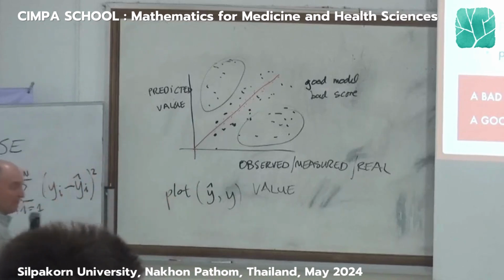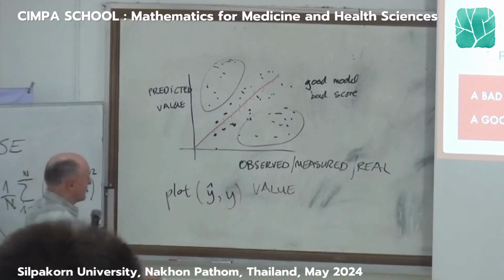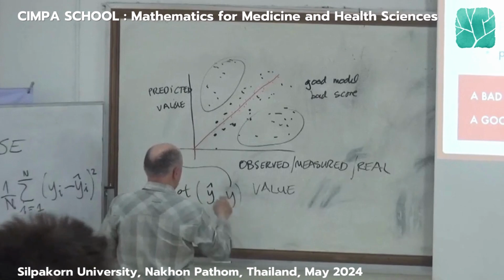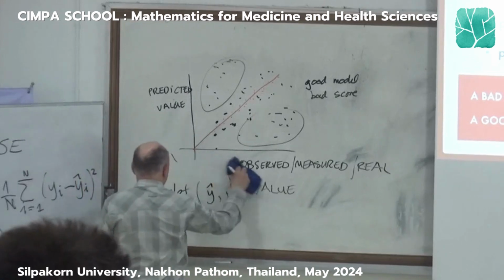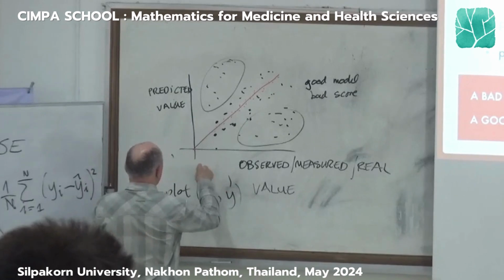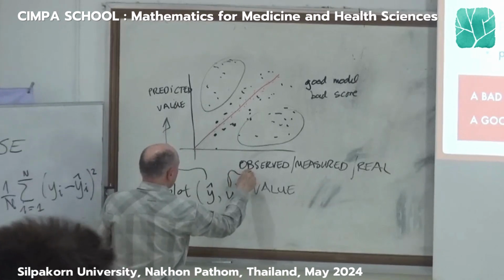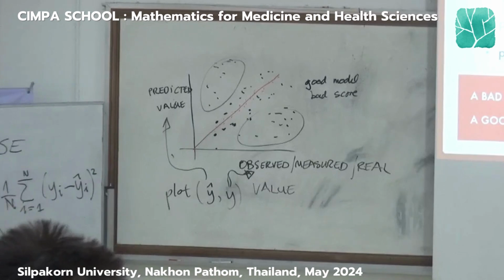That's all I'm plotting. y is a vector of n points, and y hat is the predicted values. So just very simple, huh?